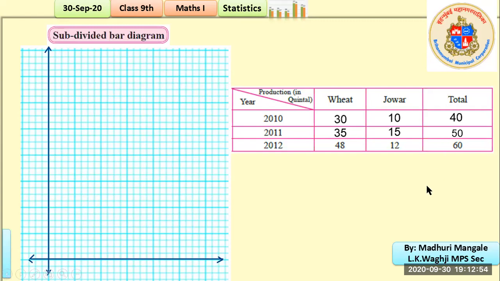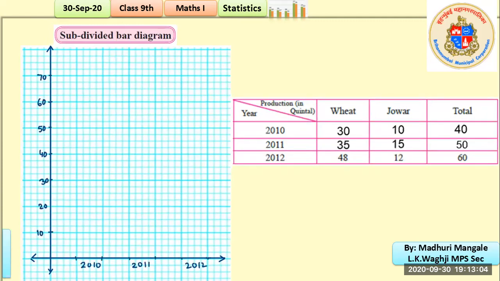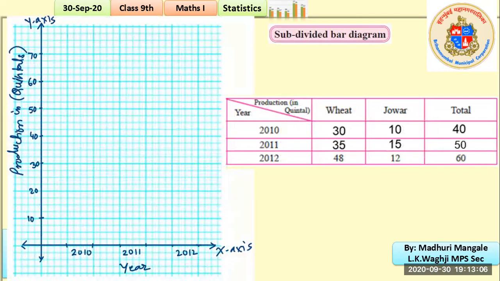And now we will start with graphing. So how do we begin graphing? We start with labeling the axis, right? We number the axis and then we label it. So there you can see we have numbered and labeled the axis. On the x-axis, we have put up the years, and on the y-axis, we have put up the production, which is in quintals.